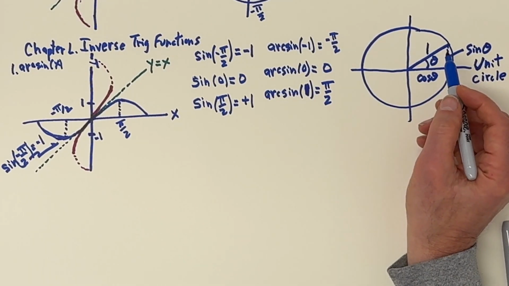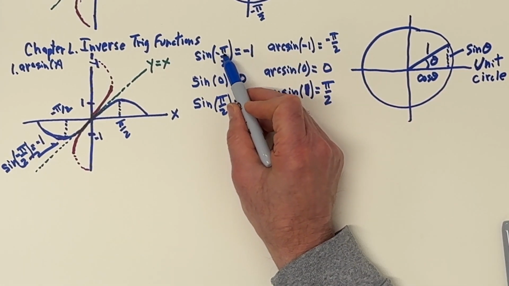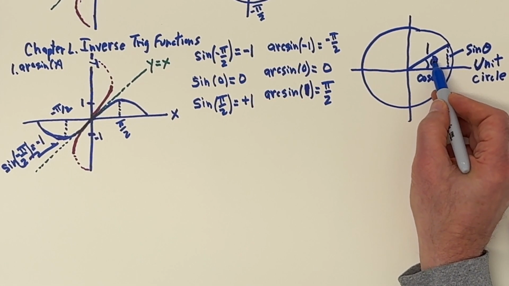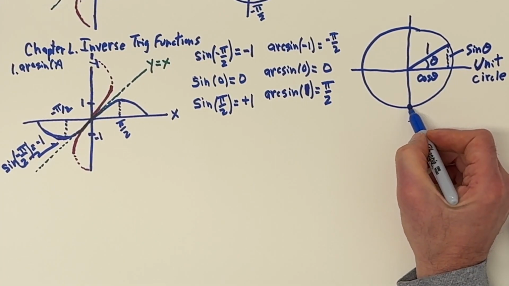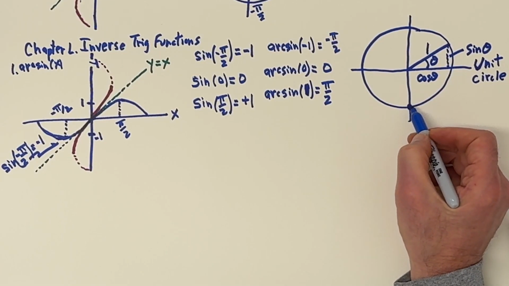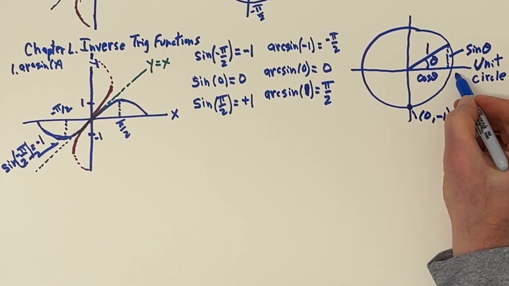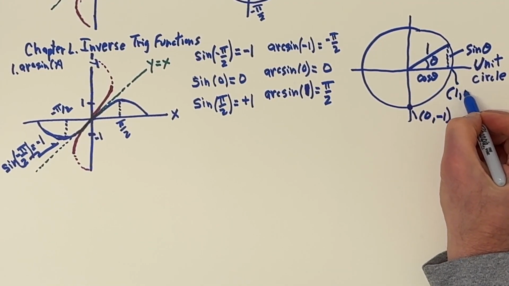So here on this unit circle, if we want to look at the sine of negative pi over 2, that would be down here. So that angle, negative pi over 2, would take you down here. And you can see down there, the sine, which is the vertical, is going to be a -1. In fact, this coordinate here would be 0 and -1. This coordinate here would be 1 and 0.